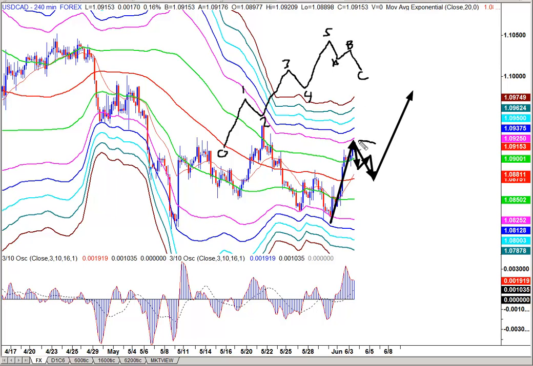So here, I'm looking for an ABC corrective wave within this pullback, and the reason why is within this structure up, we had that, what we call a 5 wave. It's also called 3 drives up, 1, 2, 3, however you want to call it. The market has the symmetry on the way up, and then it has corrective patterns on the way back down. And it's inverse. If the market was going down, you'd have that correction up.